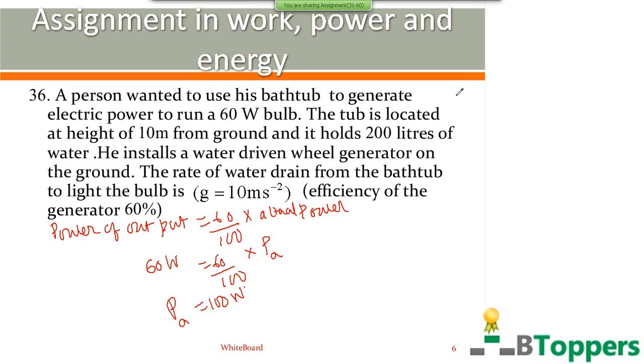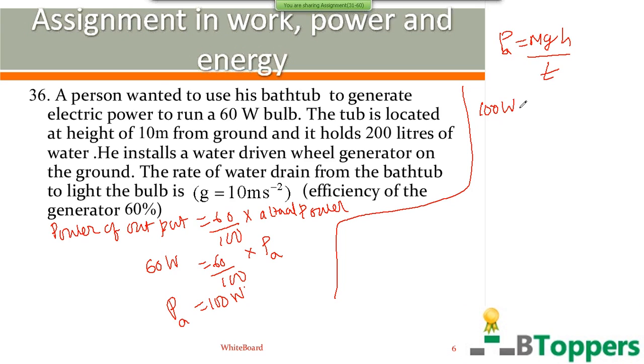This power is generated by the falling water. Therefore, if m is the mass of water that falls from the given height h in time t, then the power delivered by the falling water to the generator is equal to mgh by t.